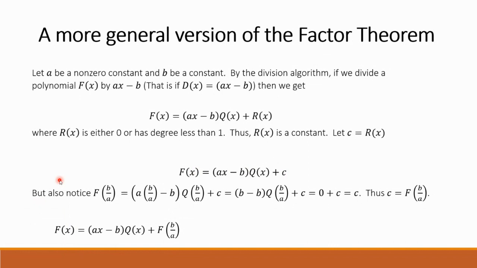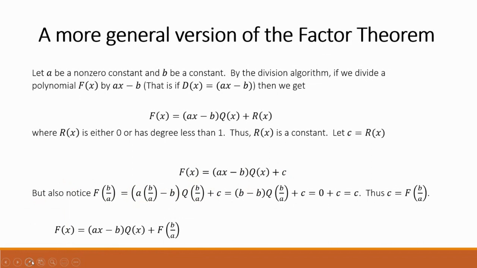If I did f of b over a, what I get is a times b over a minus b, times q of b over a plus c. So I'm taking this equation and replacing x by b over a. Keep in mind, a is not 0, so it makes sense to do this.